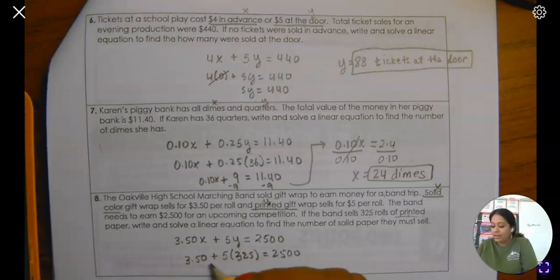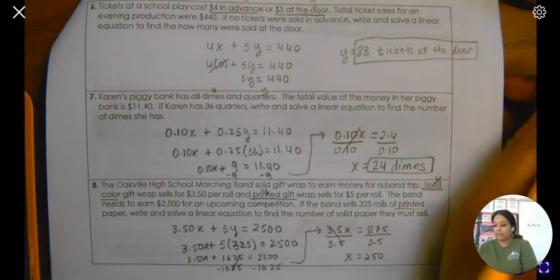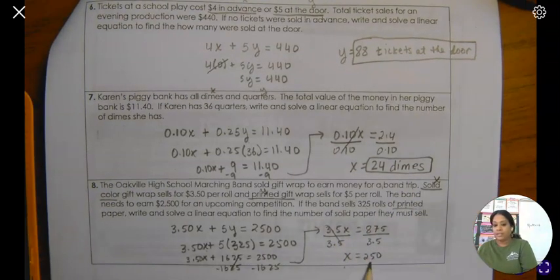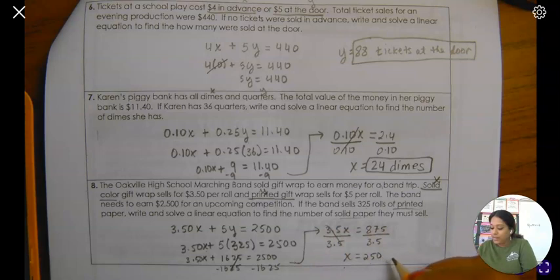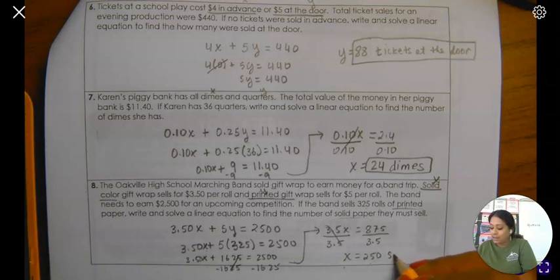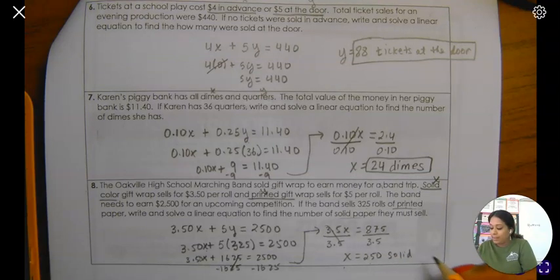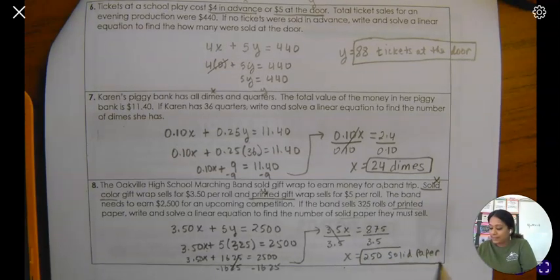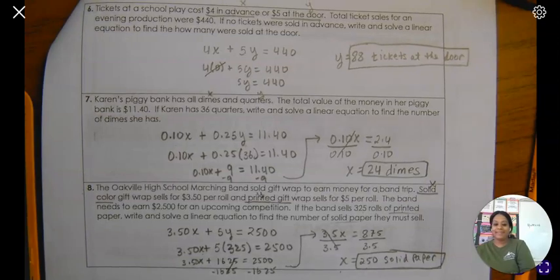And then you can solve for X. Okay? So X is equal to 250 and X represents solid color gift wrap. So we have to sell 250 solid paper. Okay? All right. Thanks, guys.